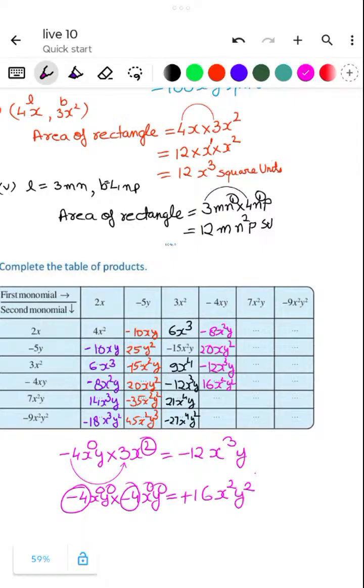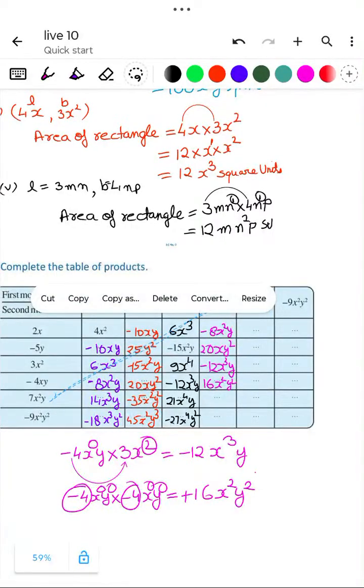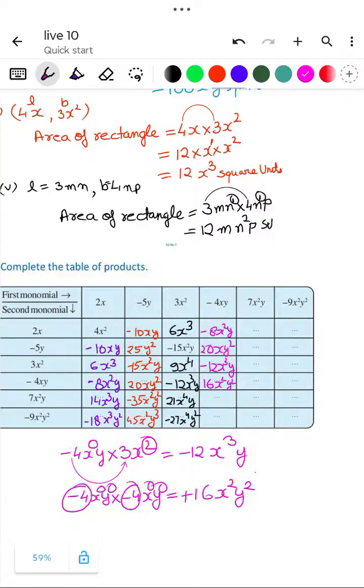Now next is negative 4xy into 7x square y. Negative 4xy times 7x square y.